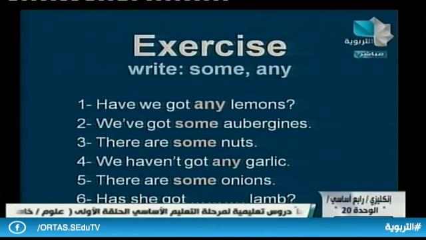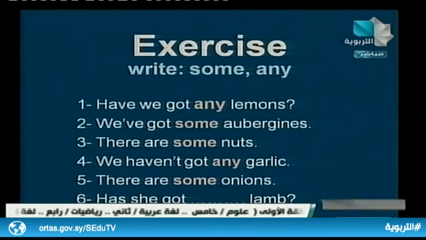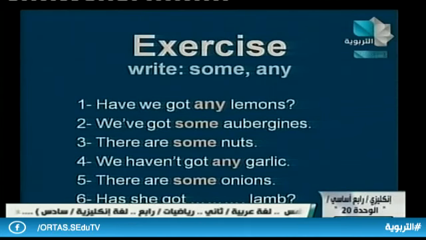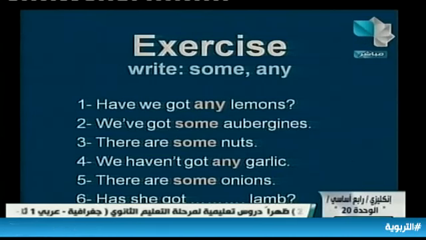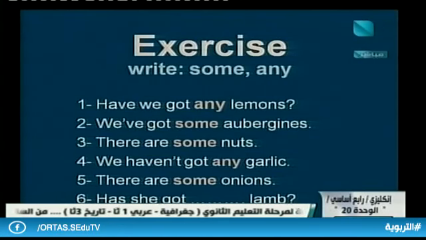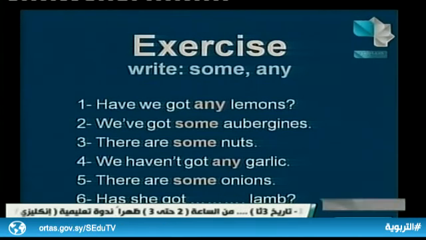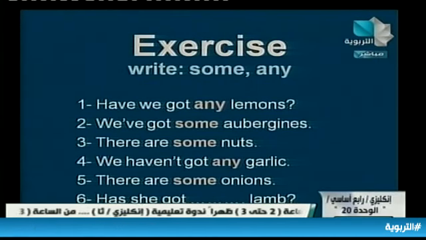There are some nuts. It's a positive sentence. We haven't got any garlic. It's a negative sentence. There are some onions, it's a positive sentence. Finally, has she got some or any lamb? The correct answer is any. Excellent. Now we choose here any because it's a question.